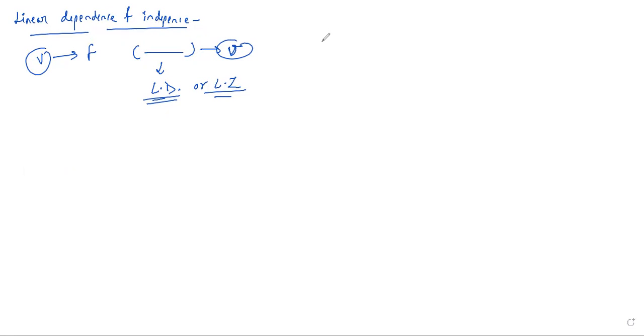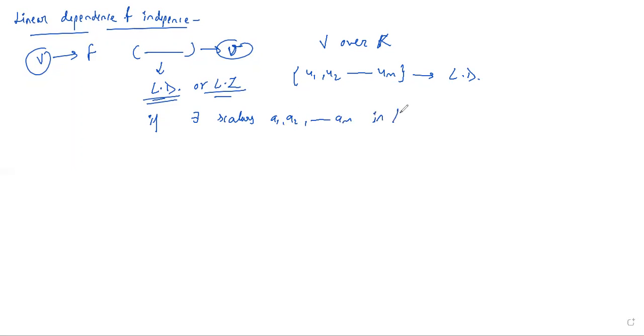So I have the vector space V over the field K, and a set of vectors from V, let's say u1, u2 to un. This set of vectors from the vector space V is said to be linearly dependent if there exist scalars a1, a2 to am from the field K, where these scalars are not all zero.